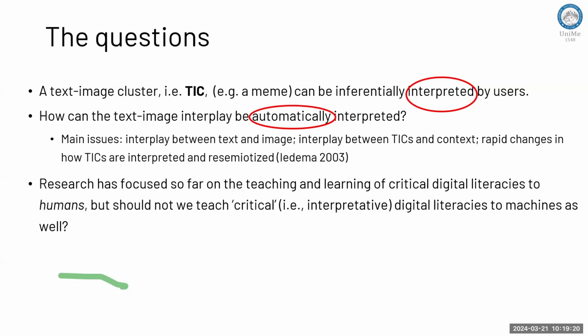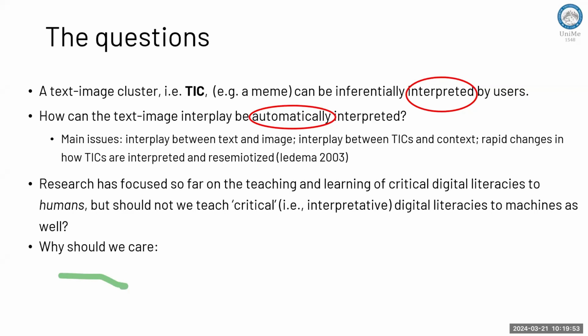But we were also wondering if it is of use to teach a form of critical, that is, interpretative digital literacies to machines as well. So work towards reaching this very ambitious goal, that is, giving some sort of additional skills to machines. So this is a key point of our research.